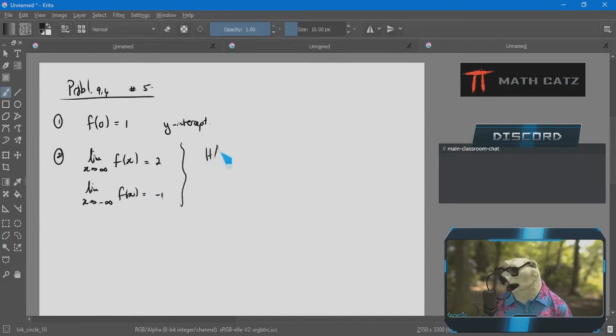So that means I have 2 horizontal asymptotes: y equals 2 on the right, and the line y equals -1 on the left. All right, that's interesting. So at this stage, maybe I can get a graph going. We have enough interesting things to put on the graph.